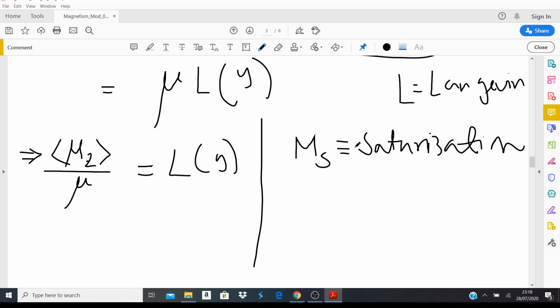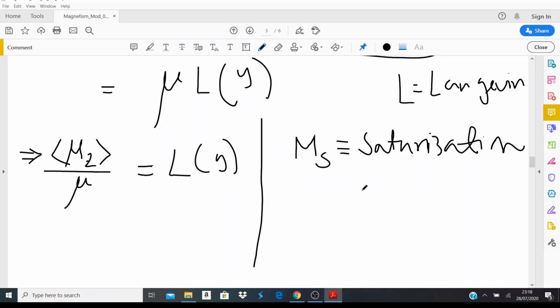So what is this quantity? This is the amount of magnetization that occurs when every moment in your solid aligns with your magnetic field. That's the maximum saturation, right? So that's the maximum value of the magnetization you can get in response to some magnetic field.